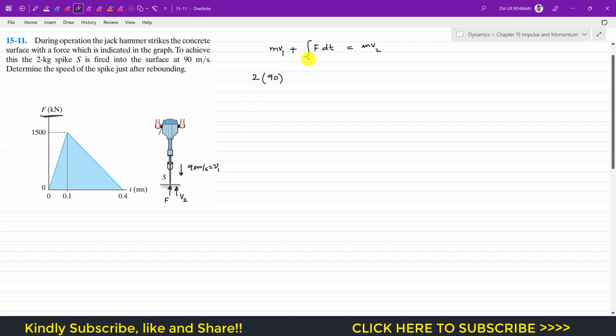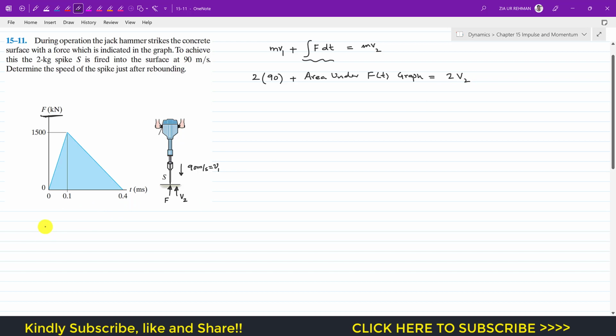So this impulse can be determined by finding the area under this graph, right? Since the area of this graph will be F times T. So we will write this plus the area under the F of t graph, and this is equal to m, again the mass is 2, times v2.